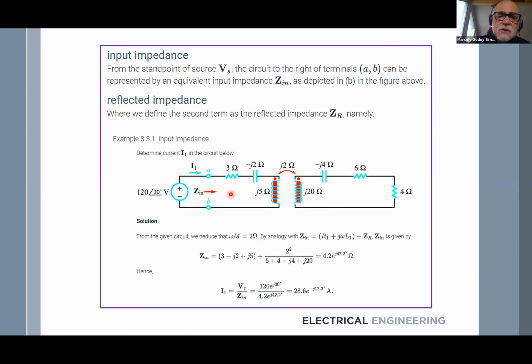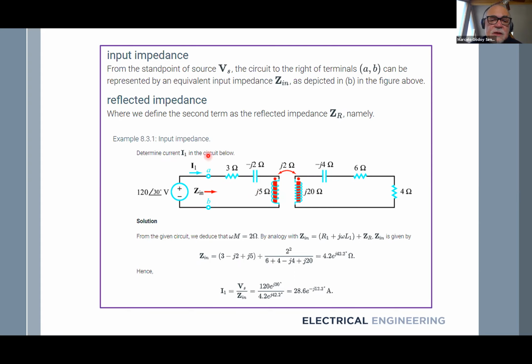So if you look at this circuit here, this is again the mutual. I have a self-inductance here. It's already giving J's, so I don't have the parameter values. I already have the complex values. So this is the self-inductance, and this is the mutual inductance. I want to find Z in.